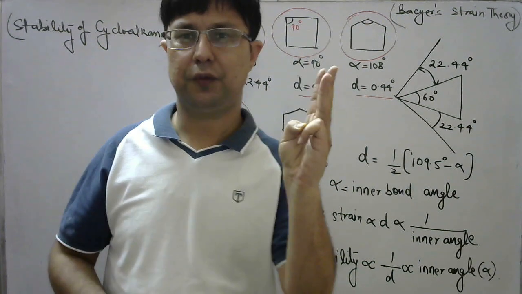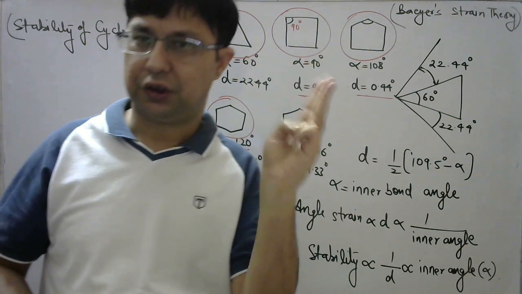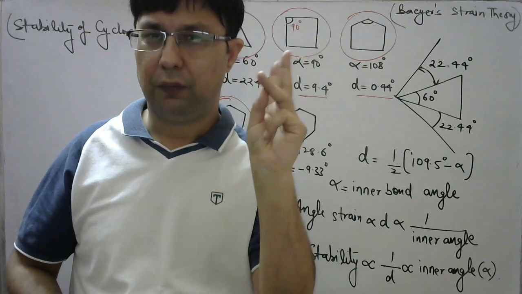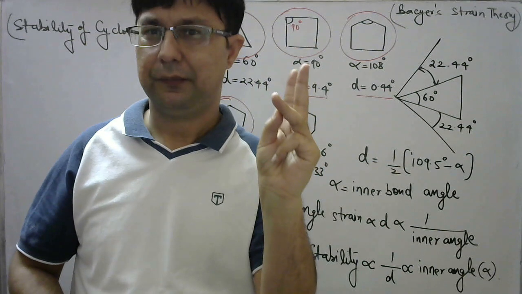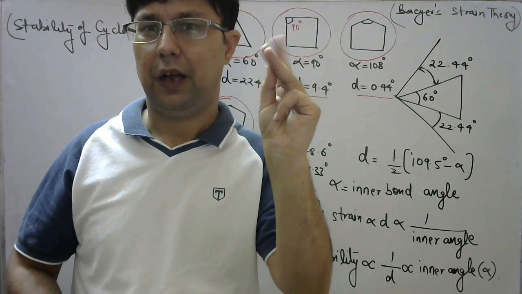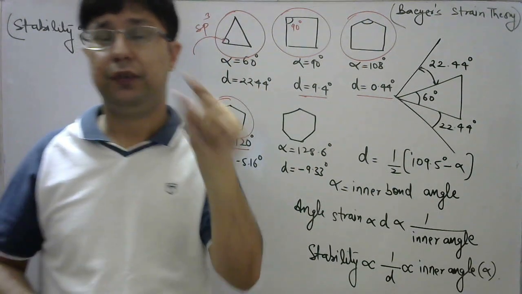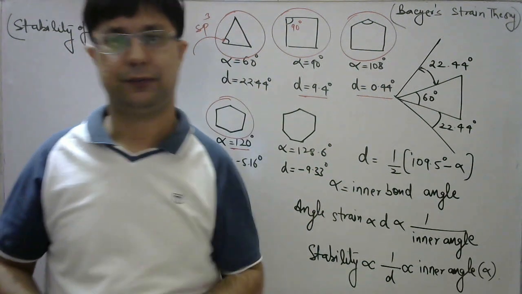There are three types of strain, which I also discussed in the last session. The first was torsional strain, the second was steric strain, and the third was angular strain, which we are introducing in this part.